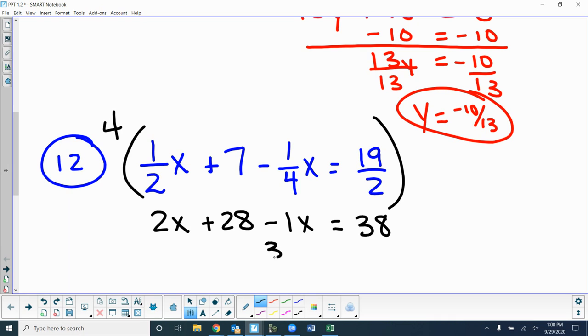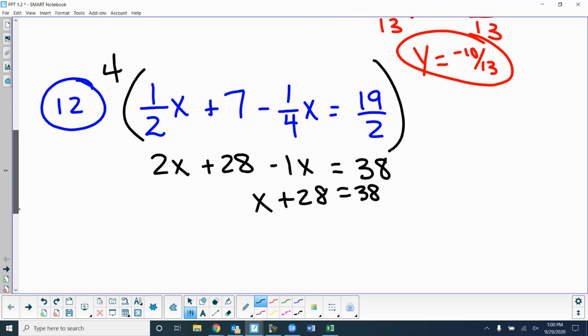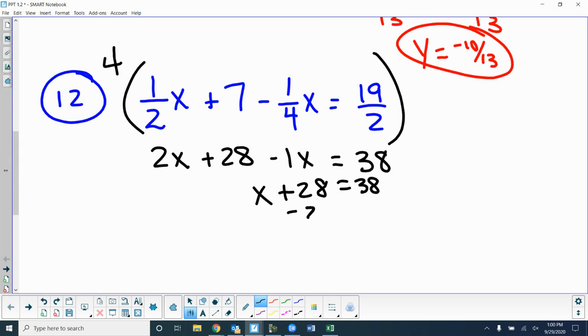Simplify 1x plus 28 equals 38. And then we'll subtract 28 because we're going to the opposite side. Okay? So that was how I would do 12.